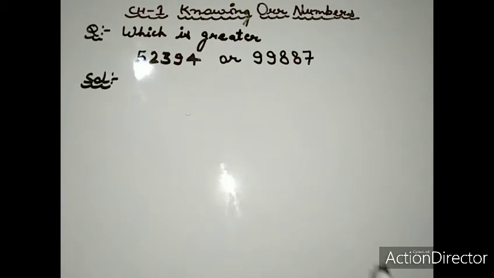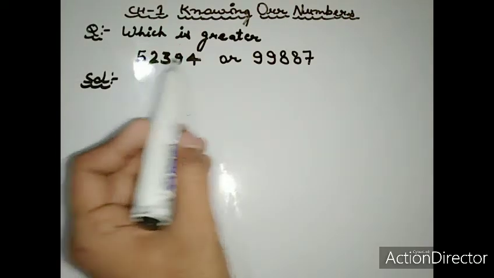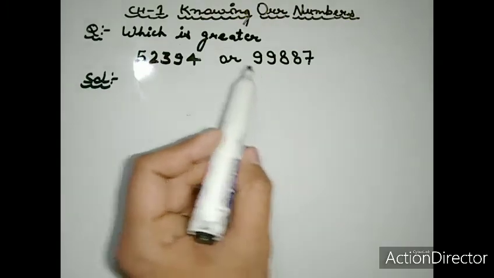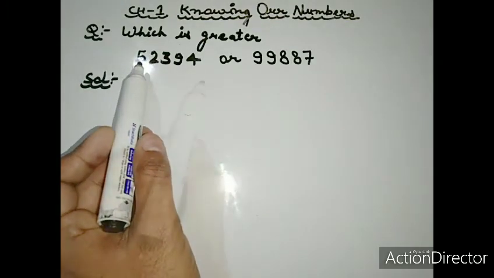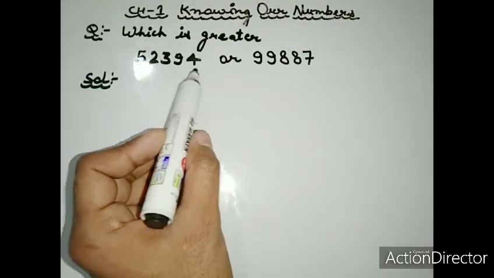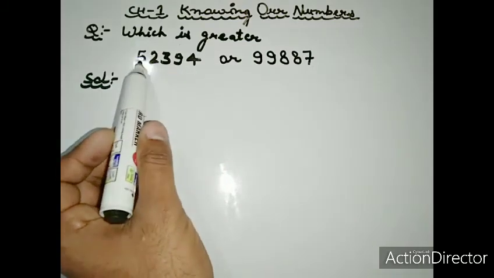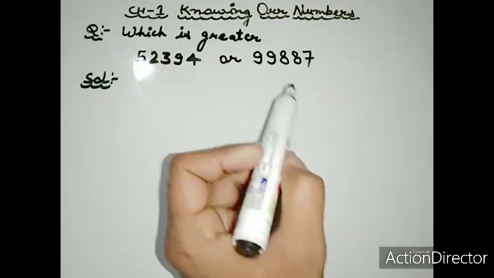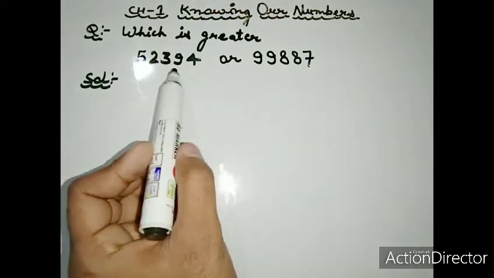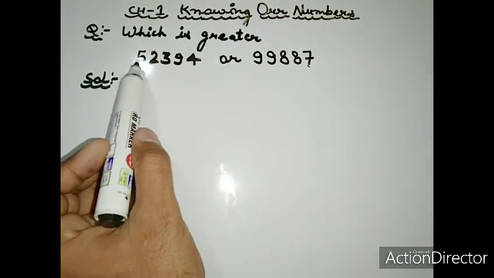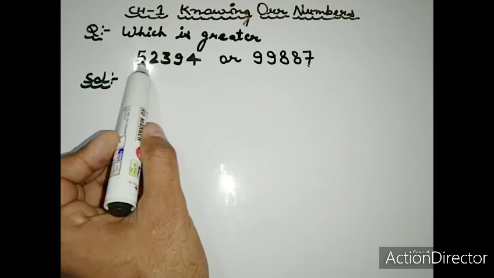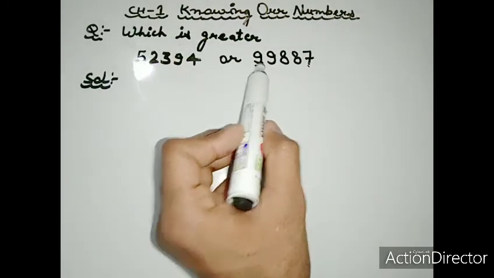Now here we take another example, and here we compare these two numbers and start from the left hand side. First we count the total digits here: 1, 2, 3, 4, 5. 1, 2, 3, 4, 5. So the number of digits are the same here. Now we check the digit from left hand side. So here 5 and here is 9.